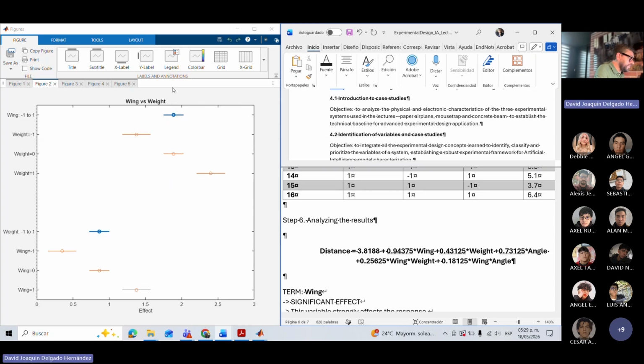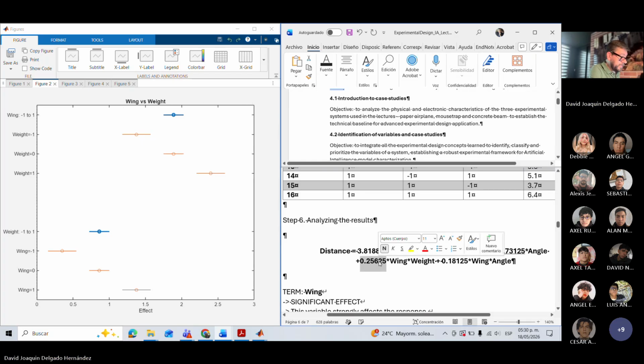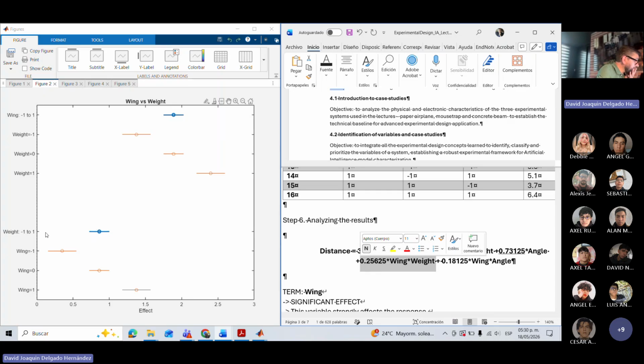So if I put a vertical line here, I can touch first this blue small line and this, let's say, orange line. Okay, so that means that, yes, there is an interaction between the wing and the weight. Okay, and you can see here in this term, you have this coefficient and the interaction between these two. Again, I can do it here, and I have also this interaction.